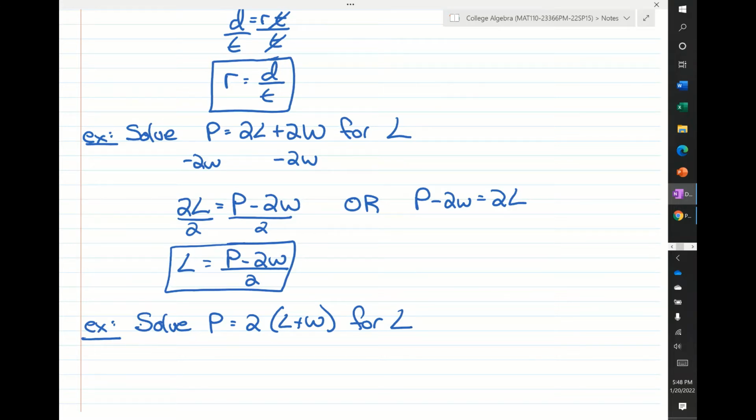It would be the same thing as before, right? Yeah, this is a little bit different because the form just looks a little different. We have those parentheses here.